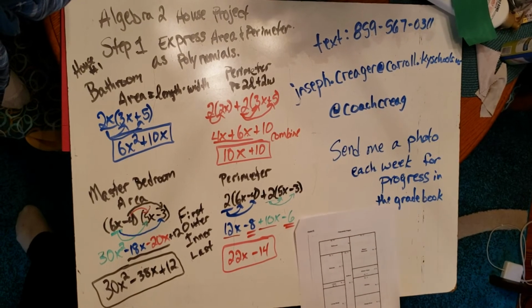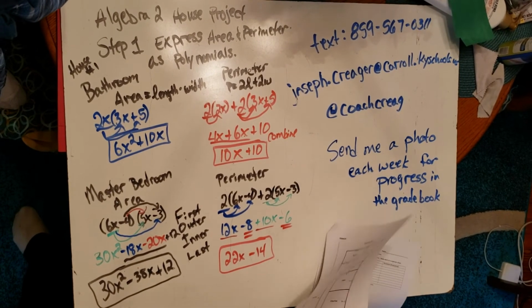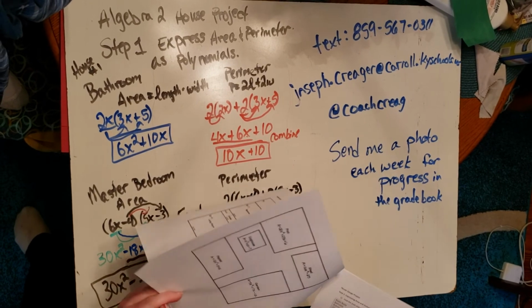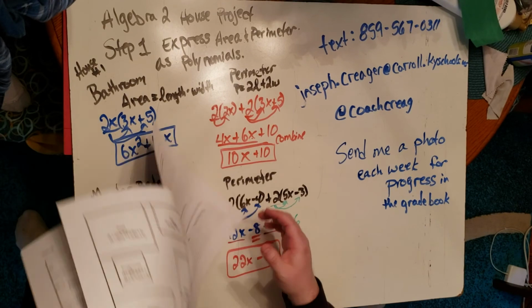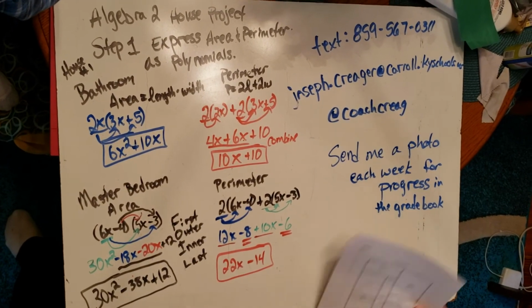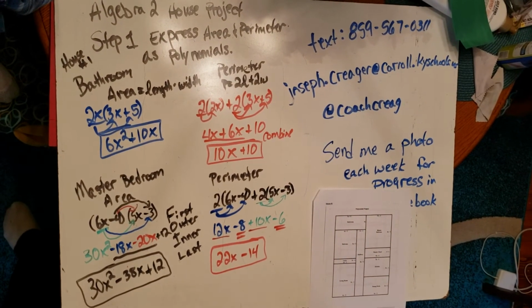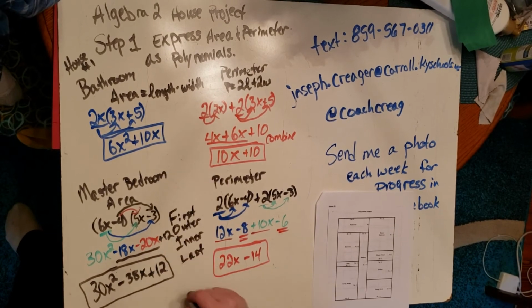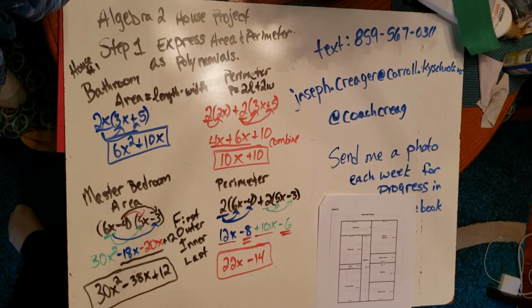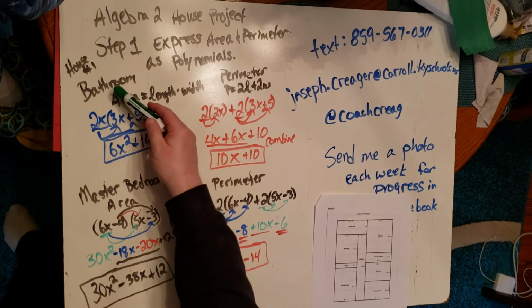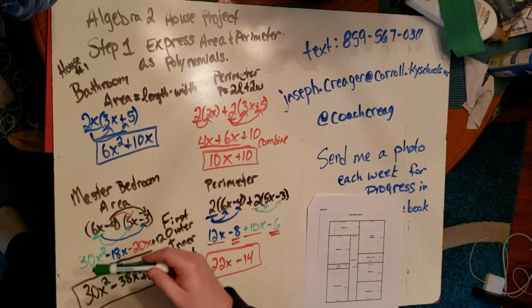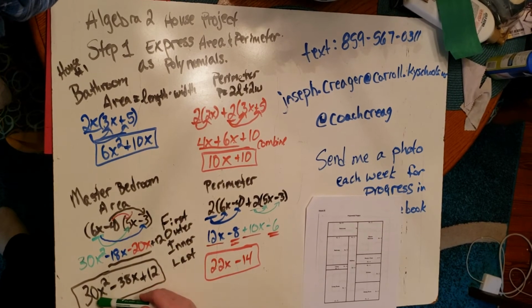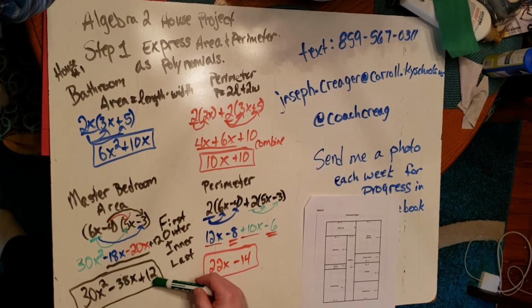For the second part of step 1, it says to find totals. So what you would be doing then is adding these values together. You're just combining like terms. So if I had to find the area of the bathroom plus the master bedroom, I would take 6x squared plus 10x plus 30x squared minus 38x plus 12.